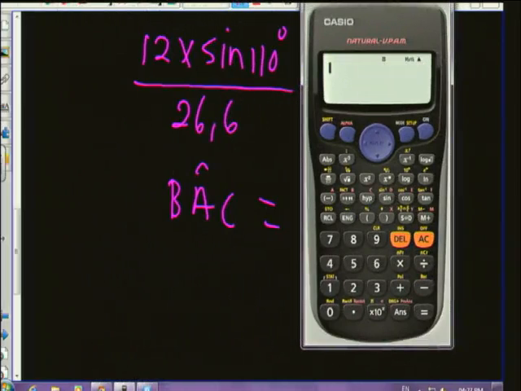So we're saying arc sine of the fraction 12 by sine 110, and then divided by 26,6.